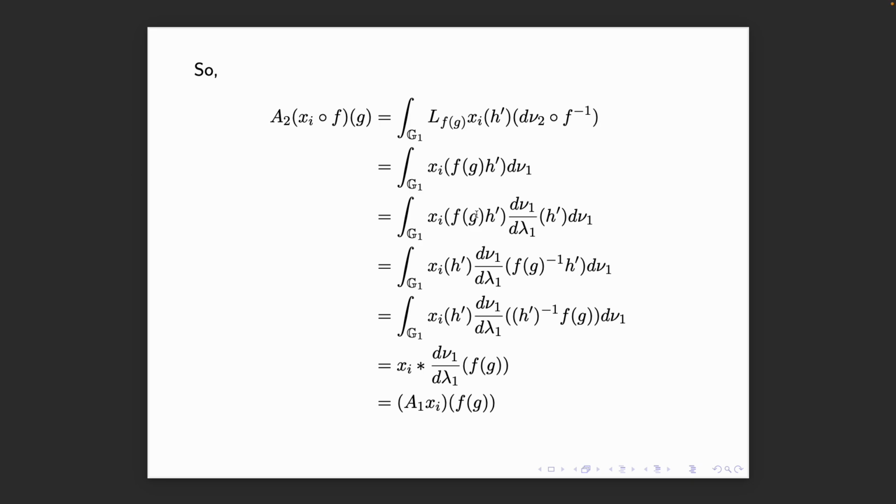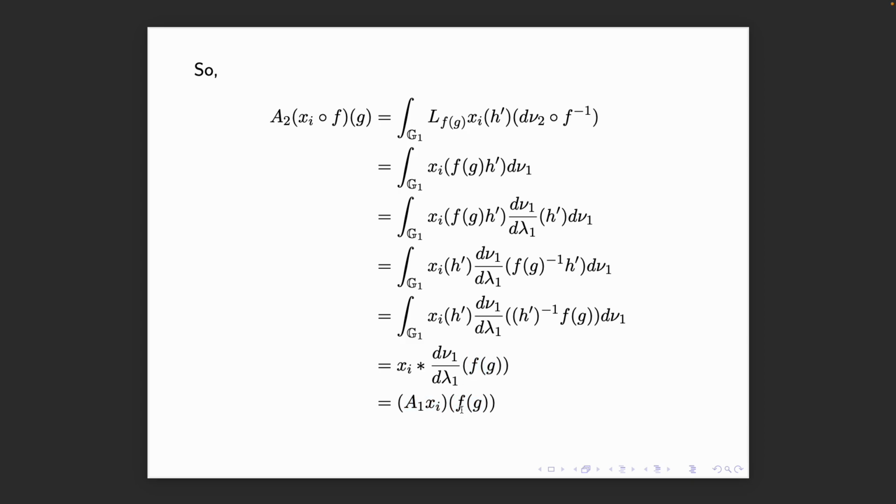And then we are going to rewrite it into a form where it is once again a convolution of a function, in this case xi, by the density of nu1 with respect to lambda 1. So what we eventually get is that A2 of xi composed with f, at g, is xi convolved with the density of nu1 with respect to lambda 1, applied at the point f of g.